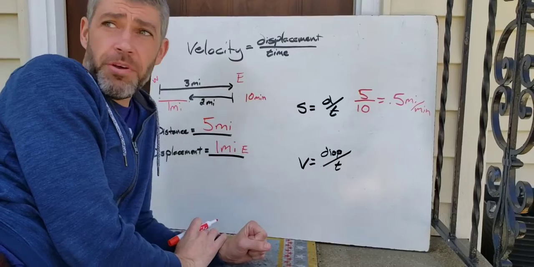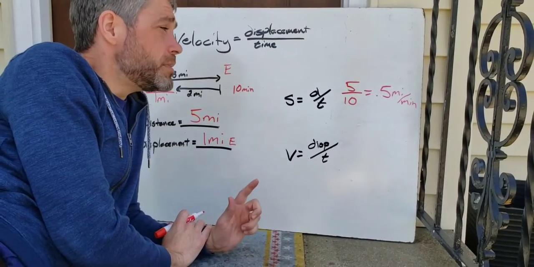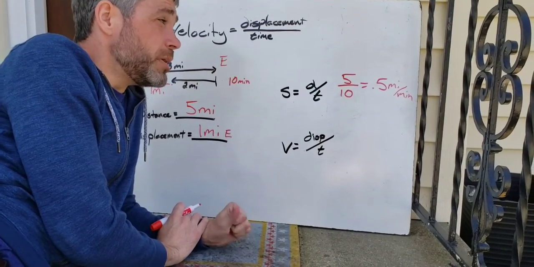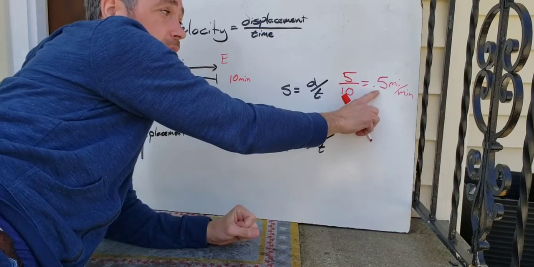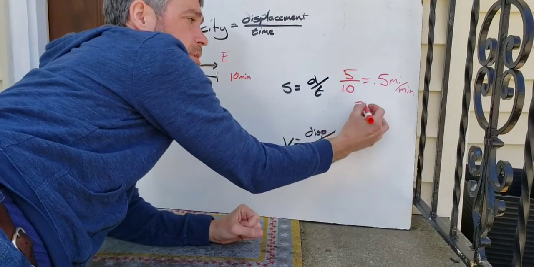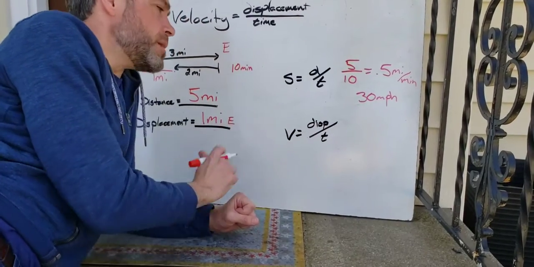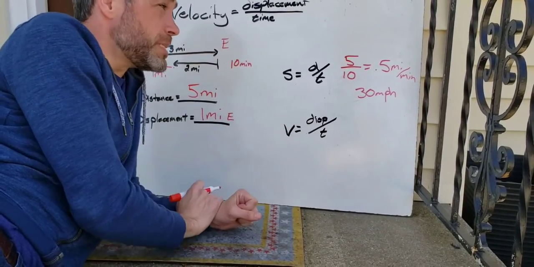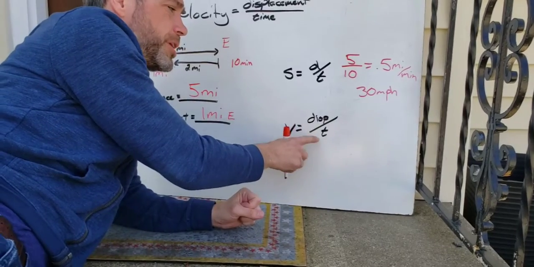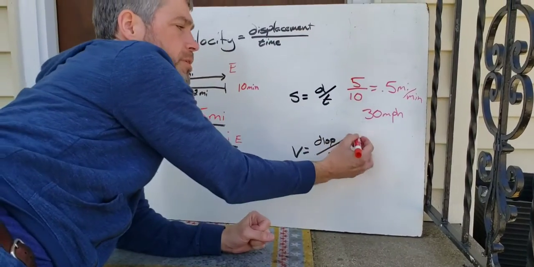Now, a little trick would be if I wanted to know the speed in miles per hour, I'd have to multiply that by 60, which would give me 30 miles per hour. Now, on the other hand, if I'm looking at velocity, velocity is your displacement divided by time, and my displacement is only 1.